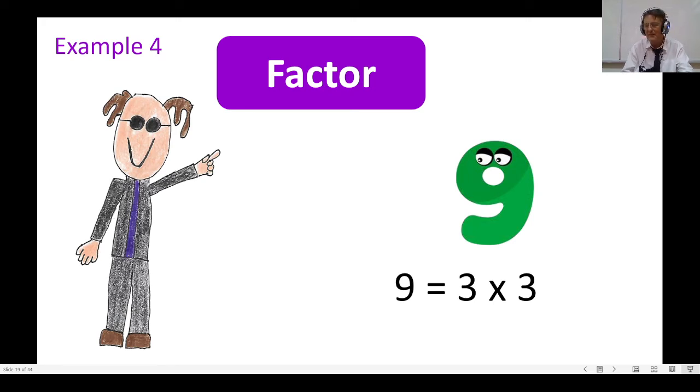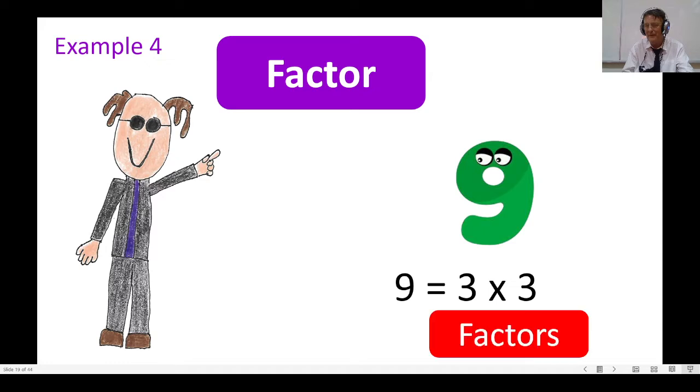So what are the factors of 9? How about 3? I know the factors are 3 times 3, but like I said, you can only have one particular number being a factor. So if there's two threes, then 3 is the factor.